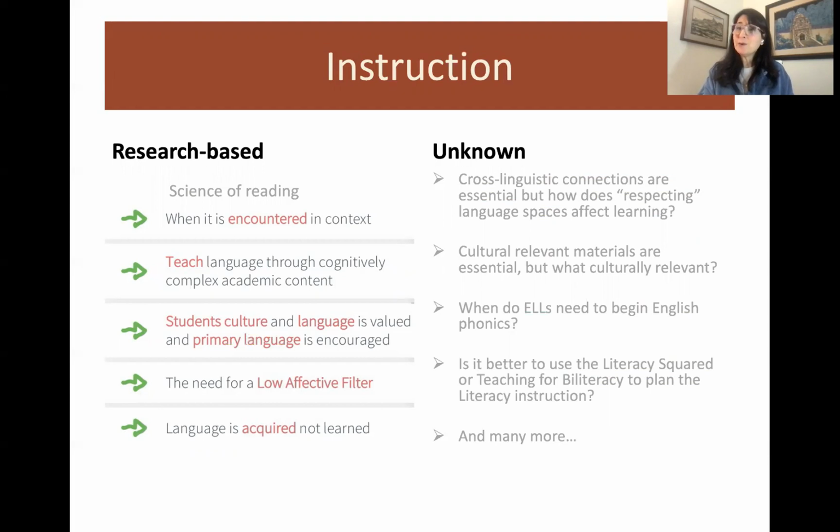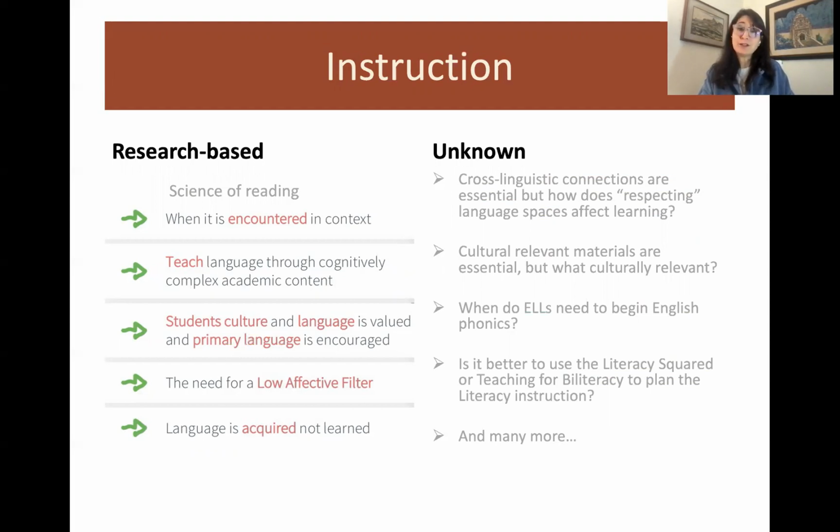Now, there's still some unknown facts in research. So we know that cross-linguistic connections, the explicit connections between the different languages, are essential, but we don't know exactly how respecting language spaces affects the learning. So if we separate the languages, if we connect them only through the bridge, to what extent do they have to be connected to have the same results? We don't know.